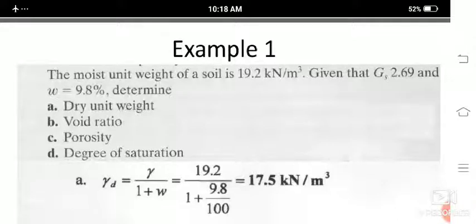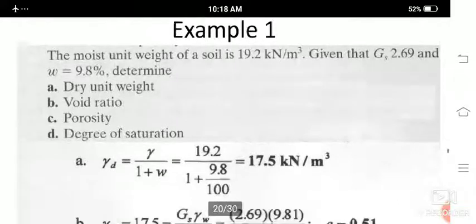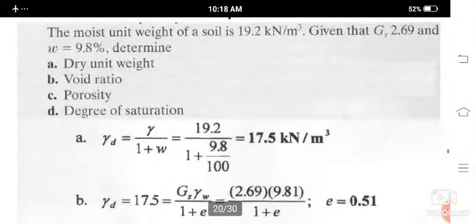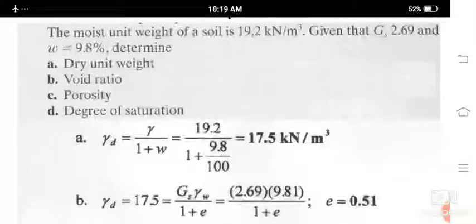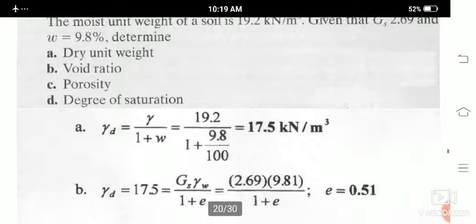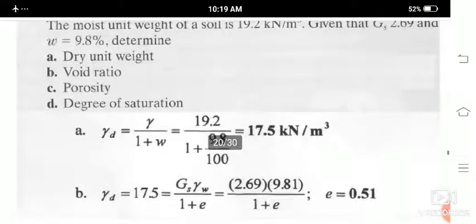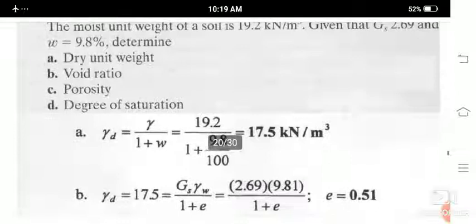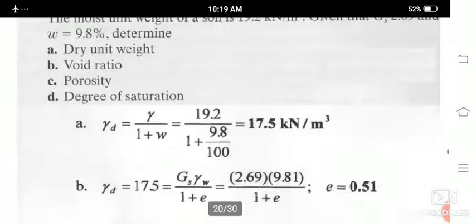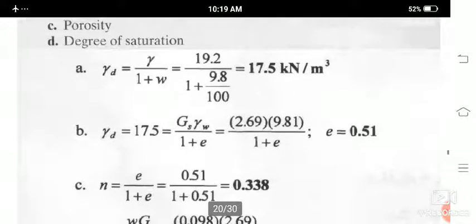As we all know, the dry unit weight formula is gamma D equals gamma by 1 plus w. They have already given us the unit weight, that is 19.2, and we also know 1 plus w, where w is into 100%, which is given. For the gamma D, the formula is G_S, the specific gravity, which is already given in the question, 2.69, into gamma W, that is 9.81, divided by 1 plus e, you will be getting the void ratio.